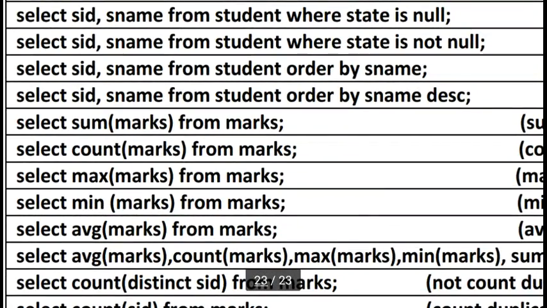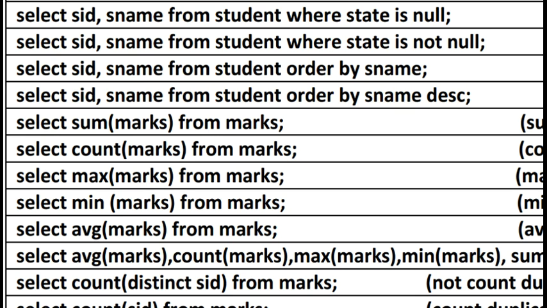Okay, we can also perform aggregation. Suppose select sum of marks, so you can see the total of the marks column. Select count of marks, it will count the total number of marks. Select max of marks, it will display the maximum value.